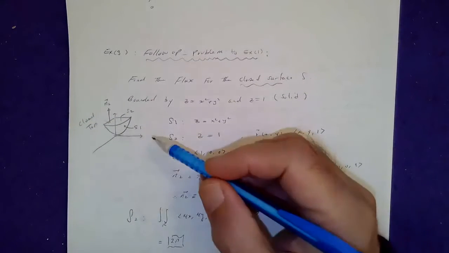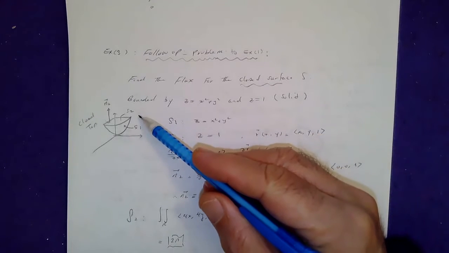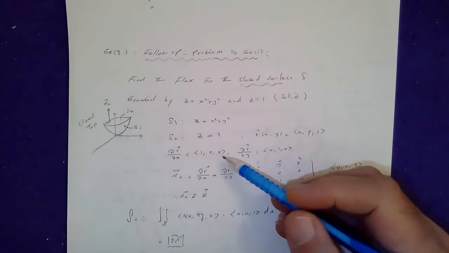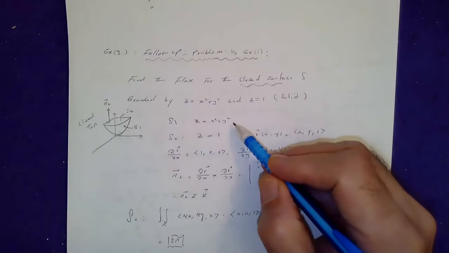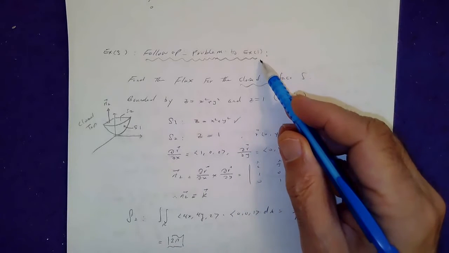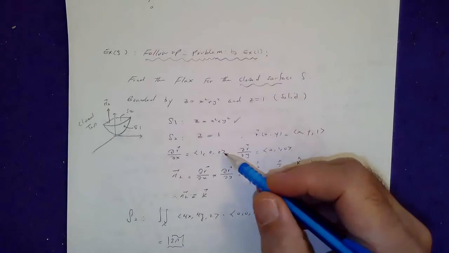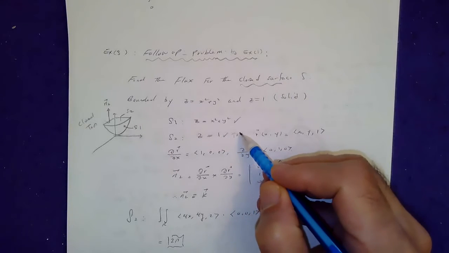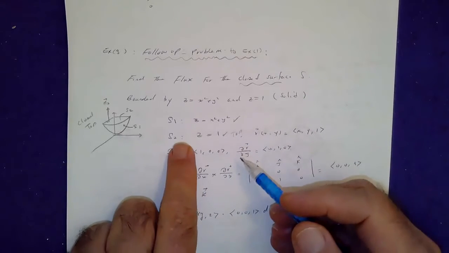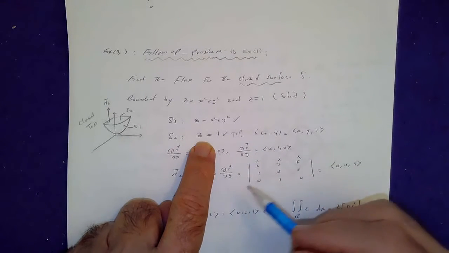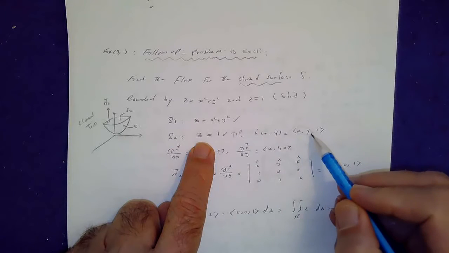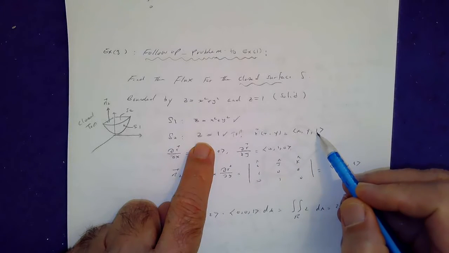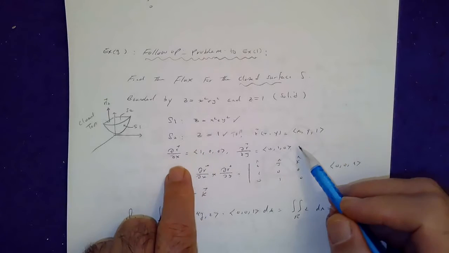Well, in that case, now you have to parameterize two surfaces. The one we just did in the previous example, example number 1, and now we also have z equal to 1, which is the top. So now I have to even parameterize this one, which the way I did it, I said x comma y, but z is fixed, it's 1.